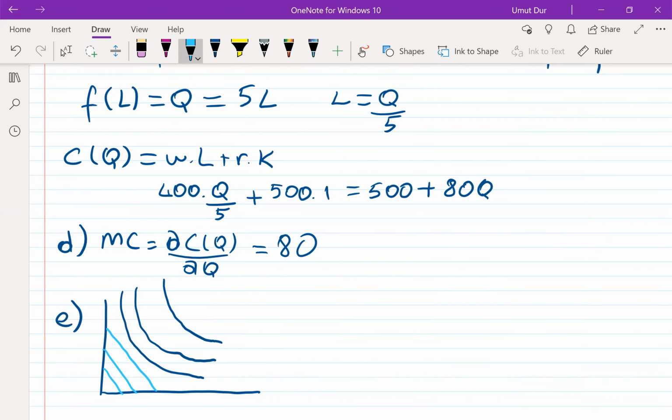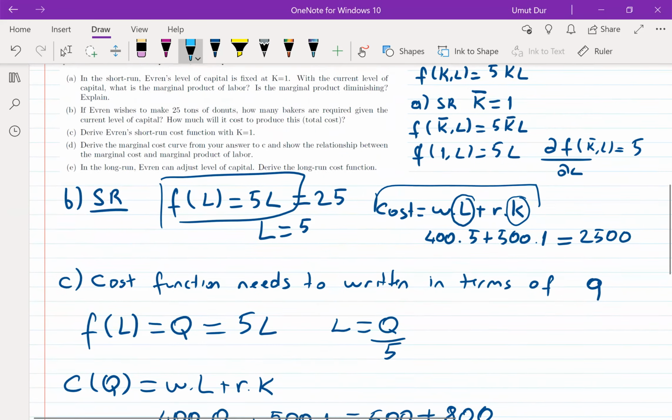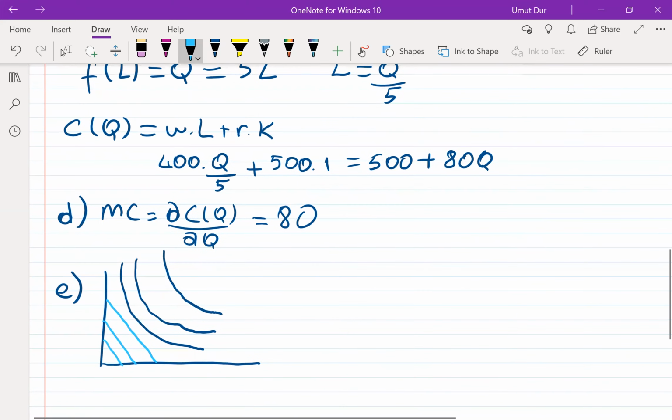So we would like to find the isoquant. Let's say this is the isoquant where Q is 25, the level that we would like to achieve. What we want is the isocost which is tangent to that level.